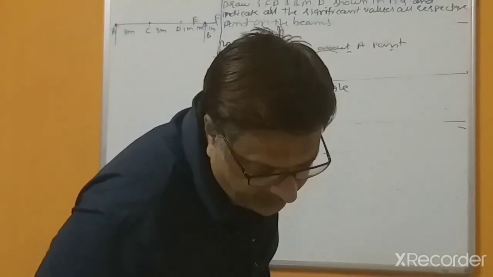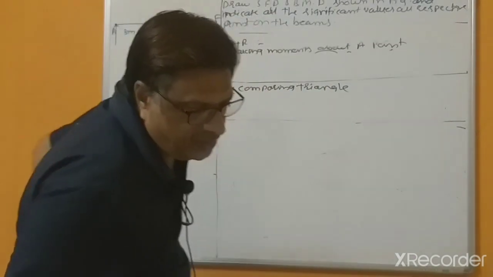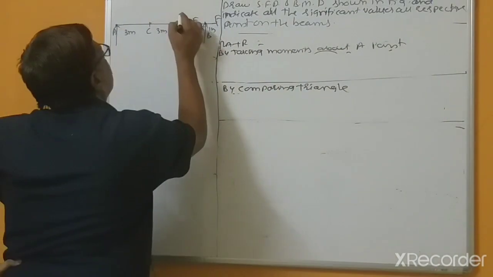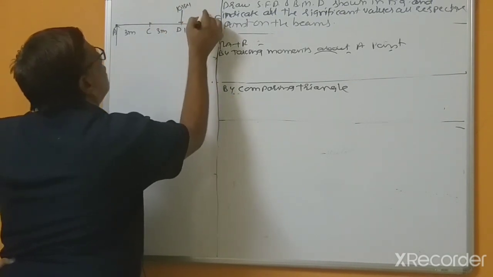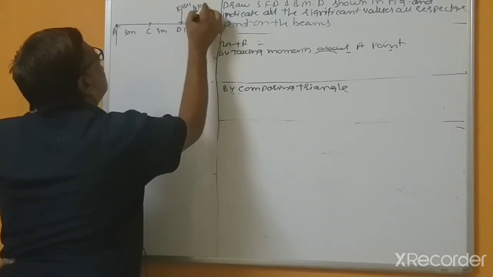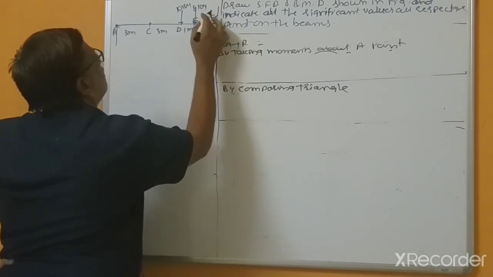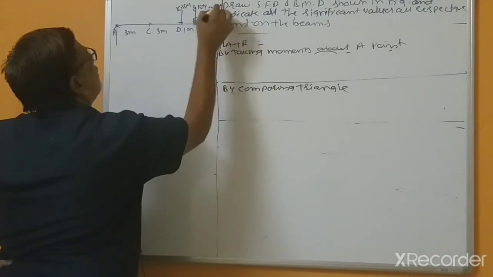So what are the loads acting? 10, 8 and 20. 10 kilonewton, 8 kilonewton, and at the F point, 20 kilonewton.